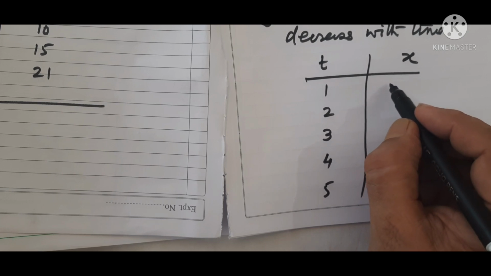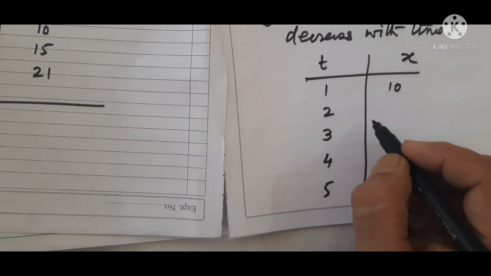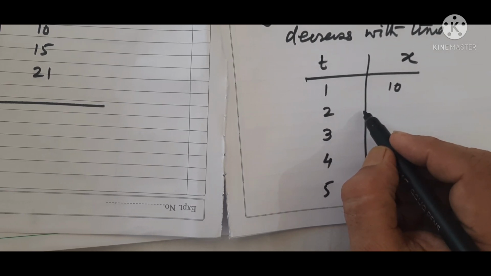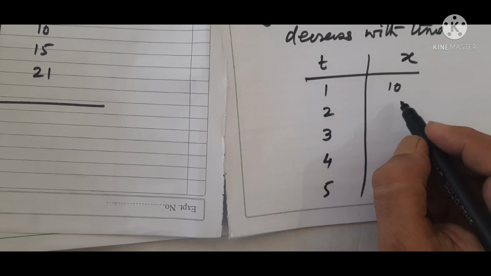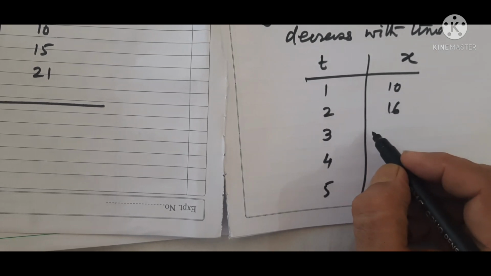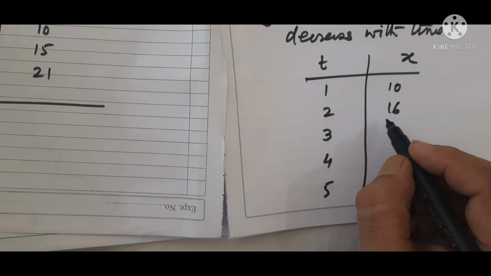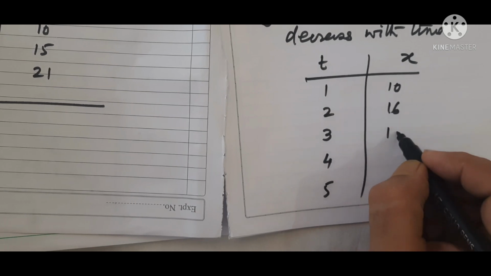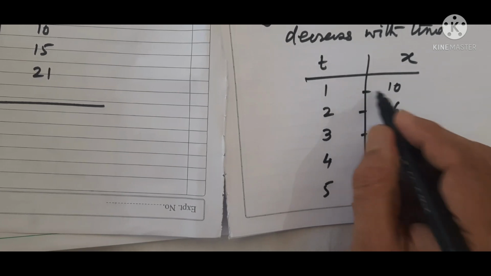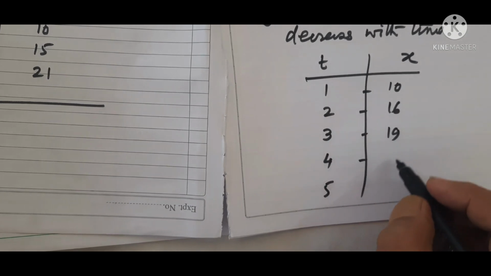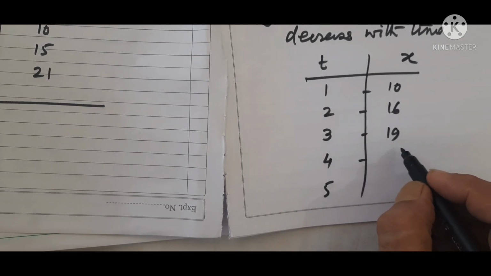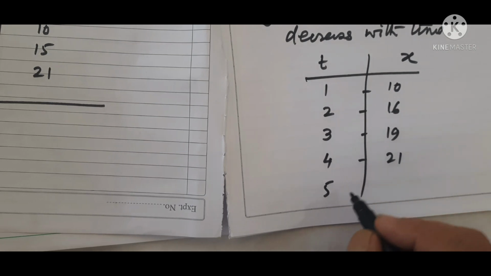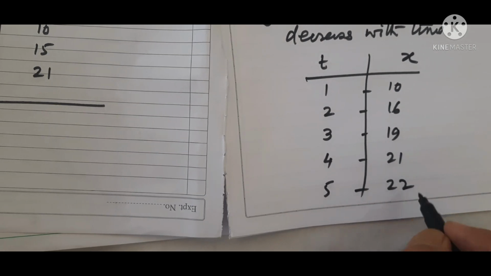1 second distance moved is say 10 meter. 2 second distance moved is 16 meter. 3 second distance moved is 19 meter. And 4 second distance moved is 21 meter. 5 second distance moved is 22 meter.